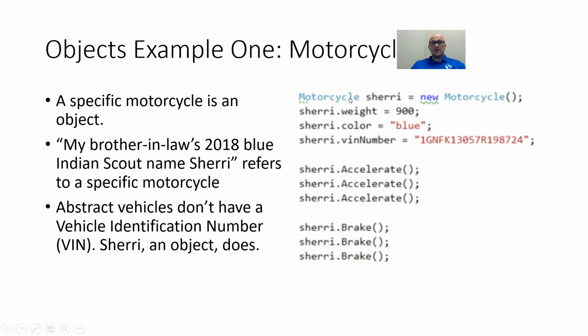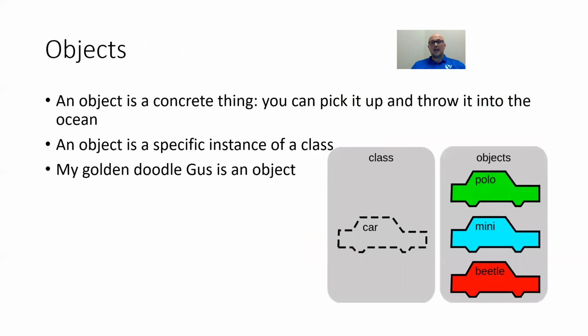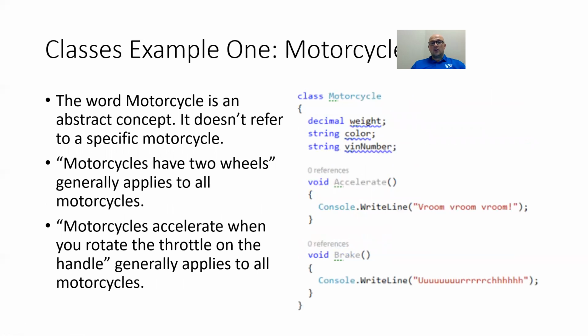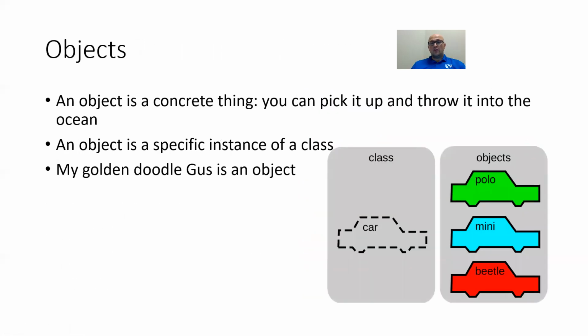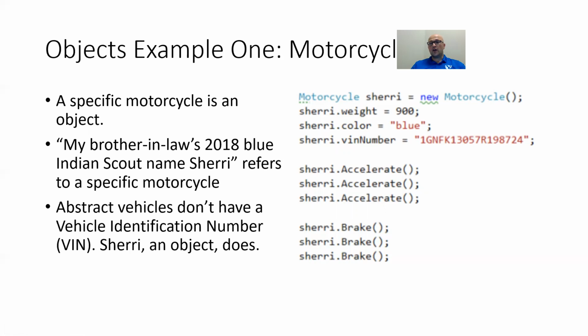You can see here that there are a couple things you need to do when creating an object from a class. First off, remember our class was called motorcycle. I'm referring to that same name here when creating a variable. Instead of saying int or string like we did in Intro to C#, I'm using my new data type called motorcycle.